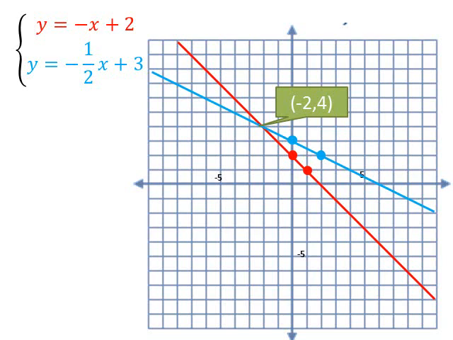Every point on the red line, even the ones that aren't marked, is a solution to the red equation. There is only one solution on this graph that is a solution for both equations, and that is the point (-2, 4). So for this set of equations, the only solution that works in both is x equals negative 2 and y equals 4.